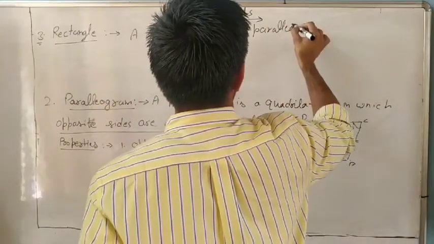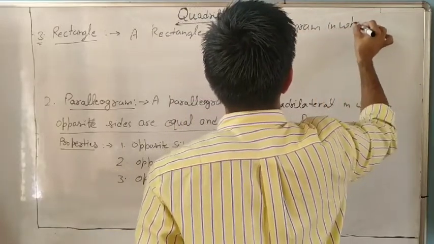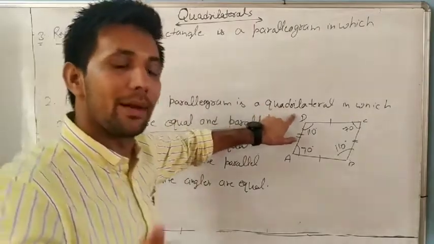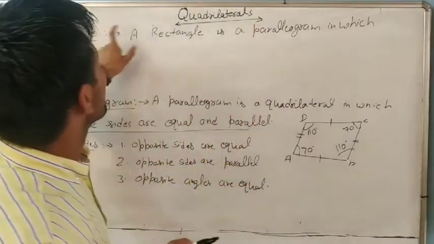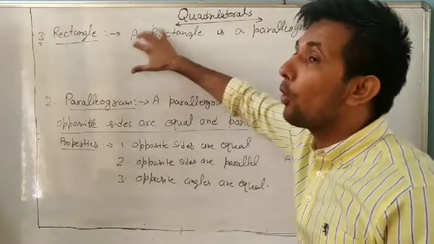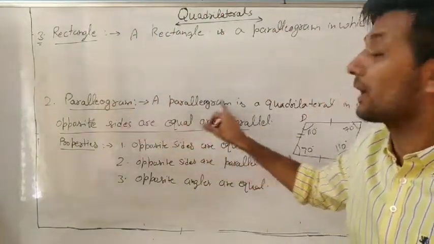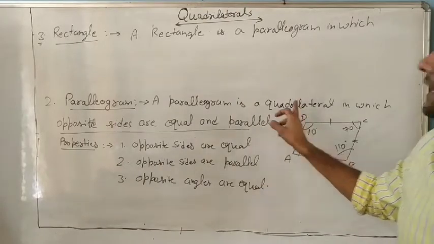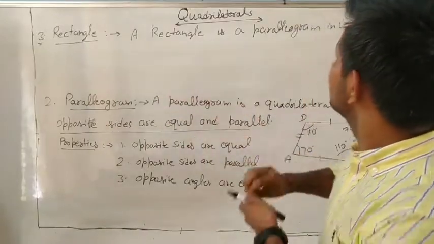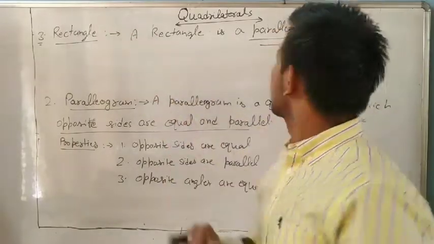Note down here, I write a parallelogram is a quadrilateral. A parallelogram is always a quadrilateral, but a rectangle is a parallelogram. It means in a rectangle all properties of a parallelogram are already included. Same as a parallelogram is a quadrilateral, it means all properties of a quadrilateral are included in a parallelogram. Same as it, a rectangle is a parallelogram. It means all these three properties are already included in a rectangle.